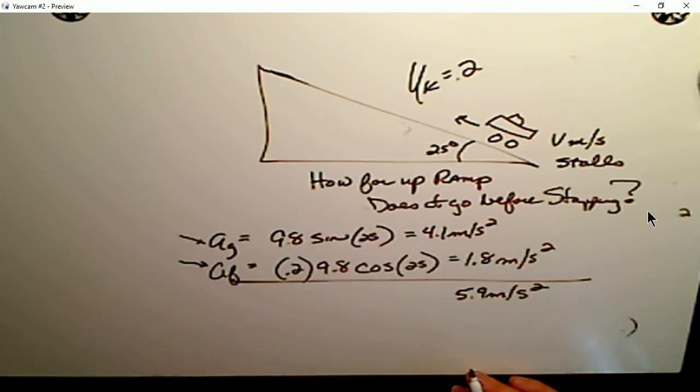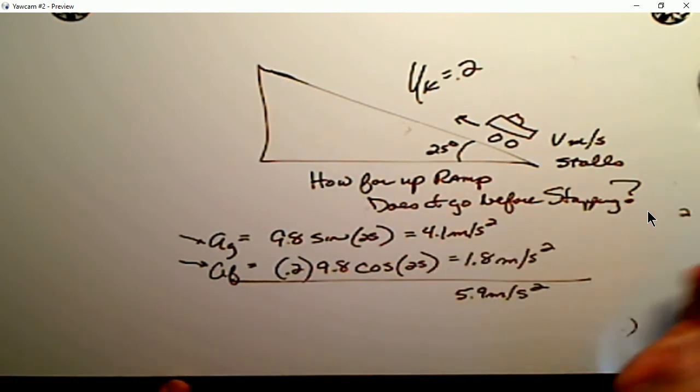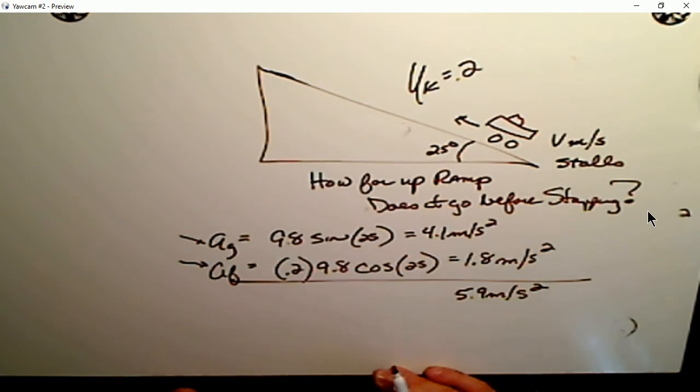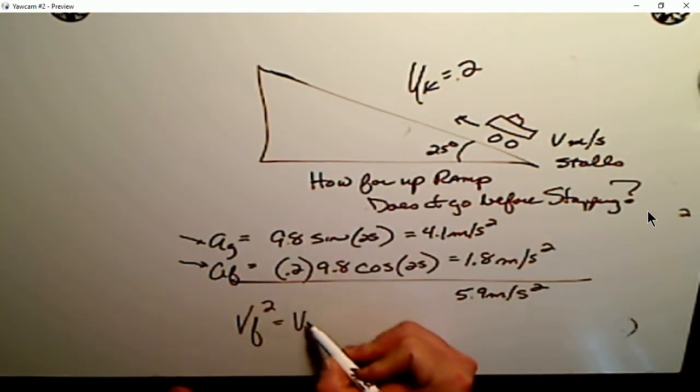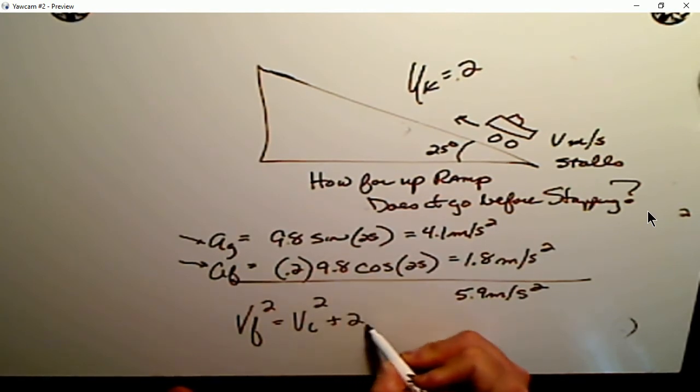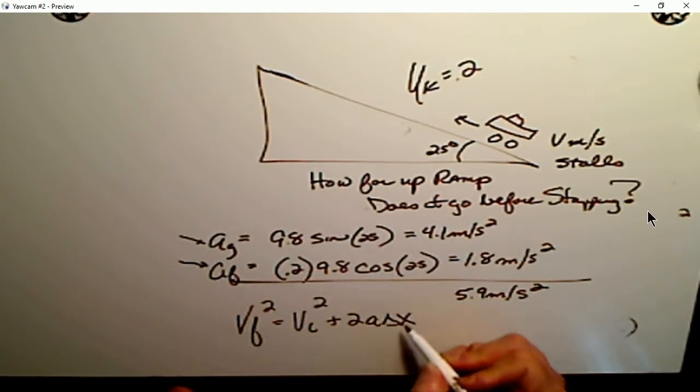So if we were asked, for instance, how far up the ramp does it go, I can use velocity final squared equals velocity initial squared plus 2a change of x.